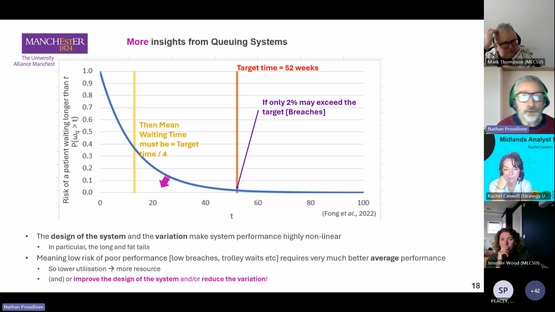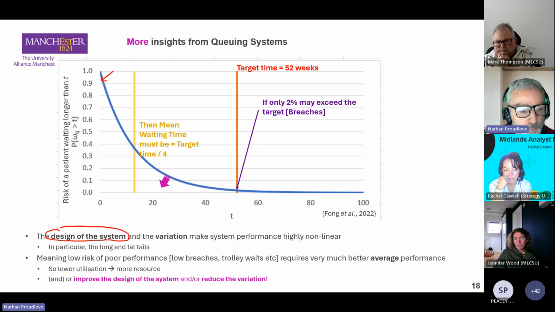So what we've been talking about is queuing systems, and simple queuing systems give us some nice curves very quickly that we can get some numbers from and some quick insights about the trade-offs. We've been thinking in particular about, well, what other insights are there? In particular, the design of the system, like how much bed pooling there is and how much variation there is in the system.